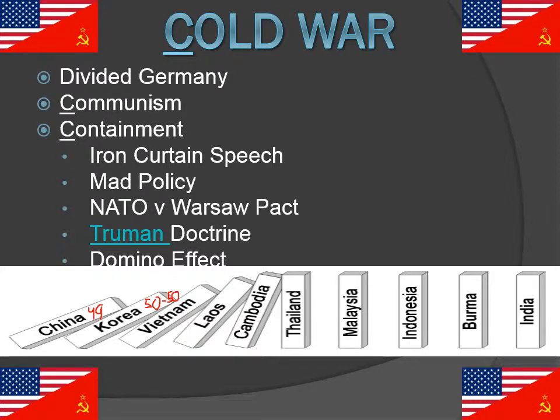It will continue into Vietnam, where in 1954 the French will leave Vietnam, and the Vietnam War will last from 1954 until 1975, or really 1974, when the United States leaves. You also see the country of Laos is going to fall to communism, along with Cambodia.